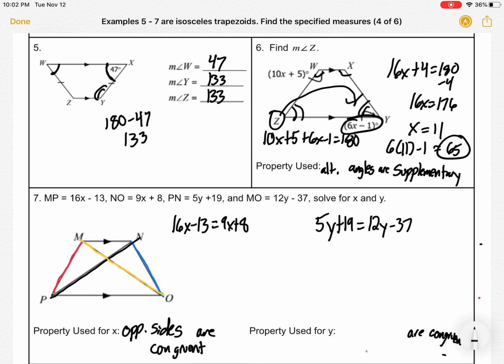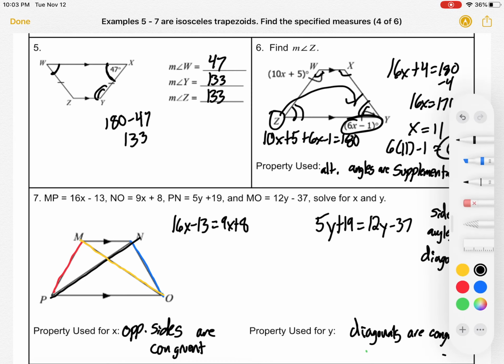So those are not sides, those are not angles, those are diagonals. So whenever you're doing the properties, you need to list sides, angles, or diagonals. One of those 3 needs to come into play, and typically it's only 1 per property, so you shouldn't be using more than 1 of those words.